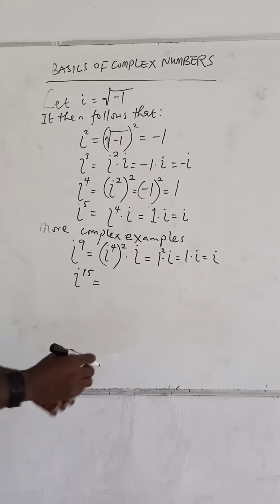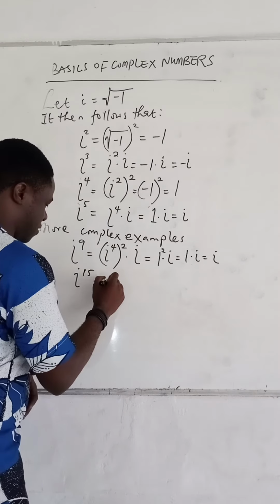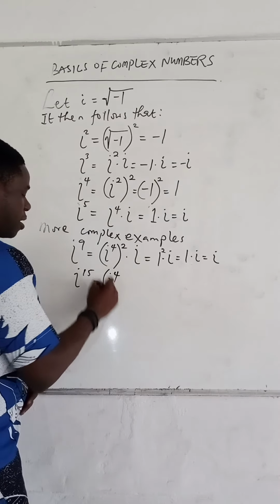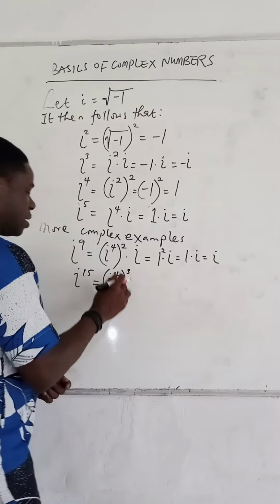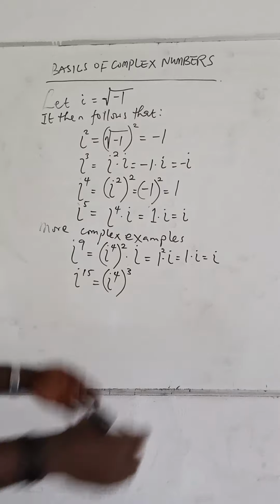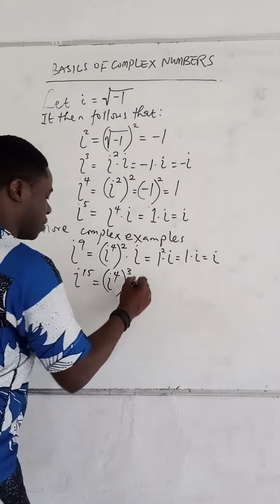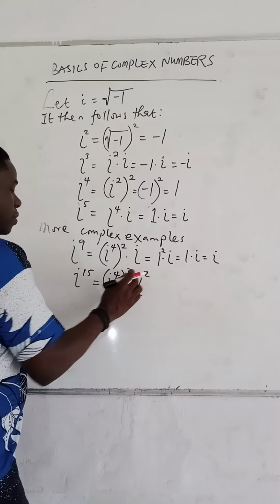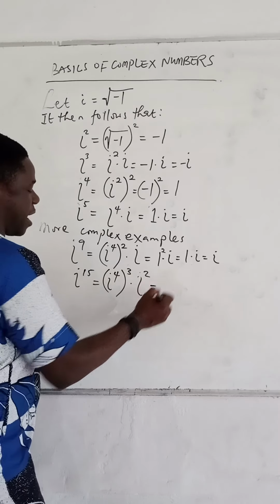We can resolve this with i raised to power 4 multiplied by 3, since 4 times 3 is 12. For us to have 15, we need 2 more to be added, so we have i squared here. So this is i raised to power 4 raised to power 3 times i squared.